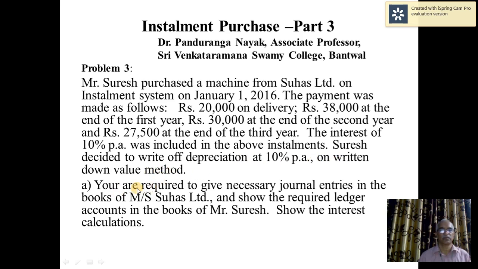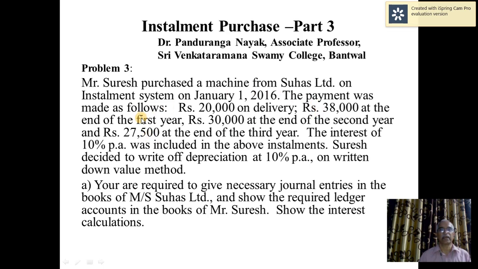You are required to give necessary journal entries in the books of Suhas Limited, that is the installment seller, and show the required ledger accounts in the books of Mr. Suresh. Show the interest calculations. So here, the down payment value is given, and the amount of each installment is given.